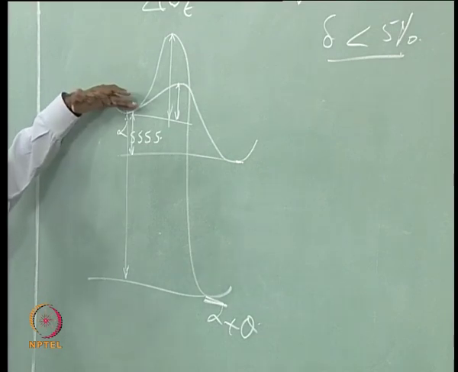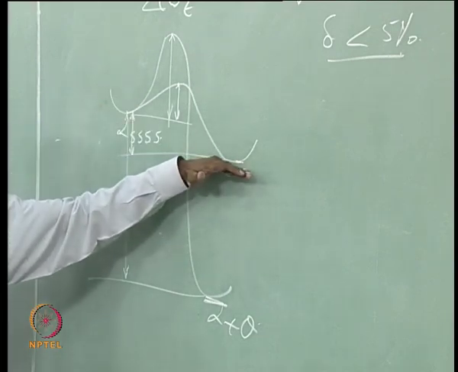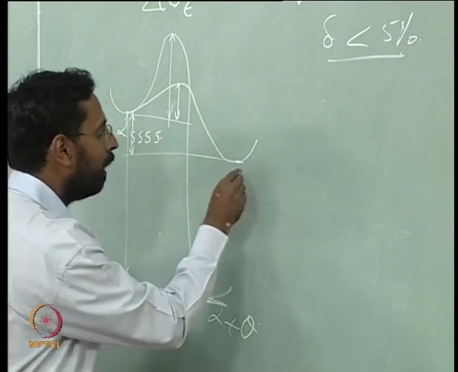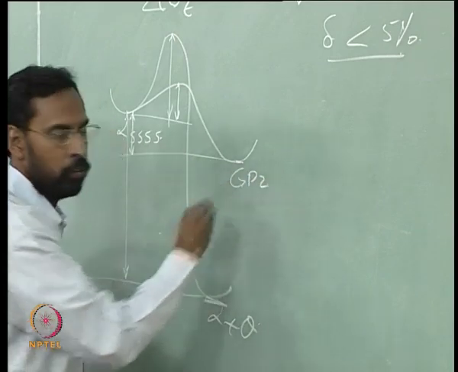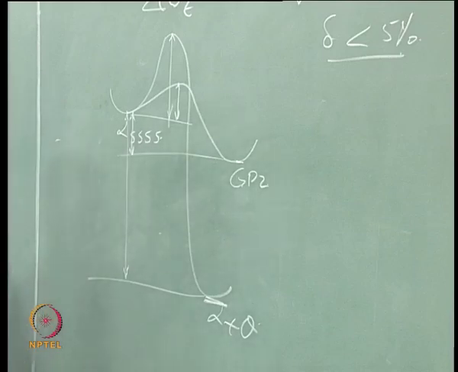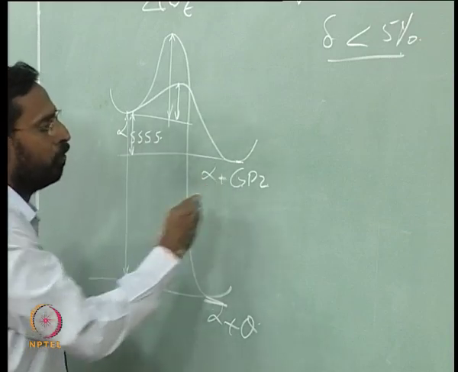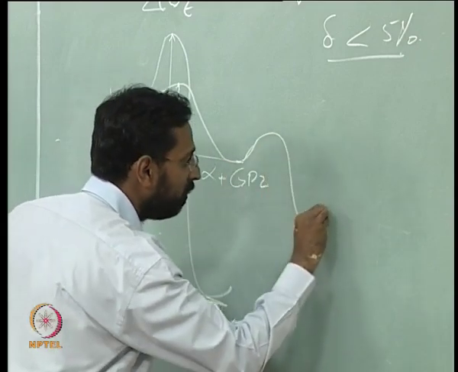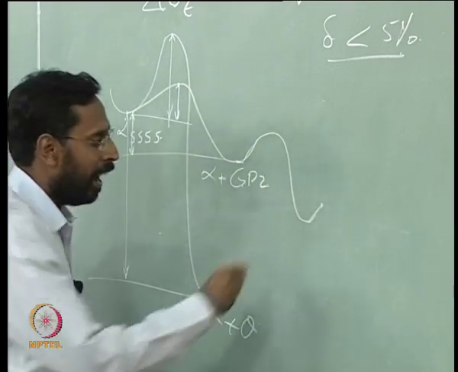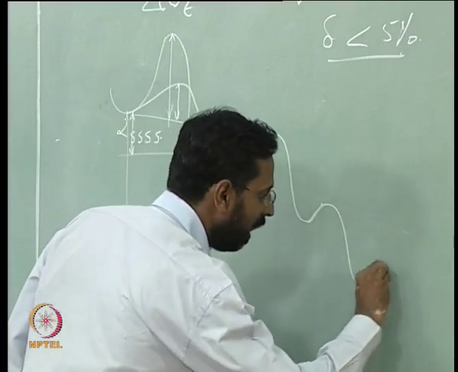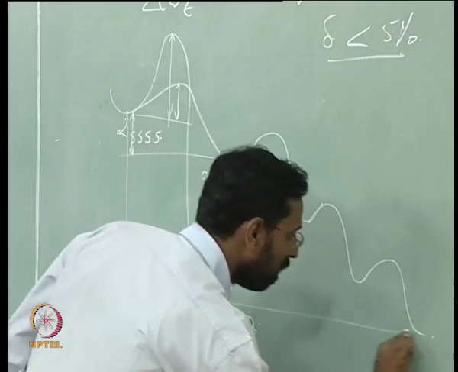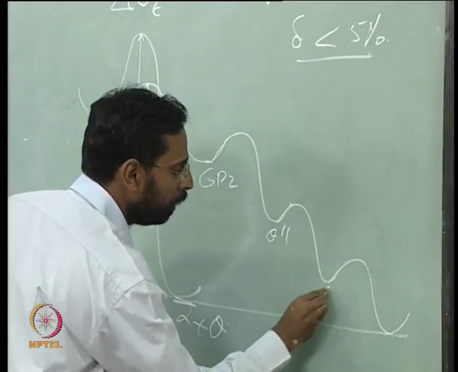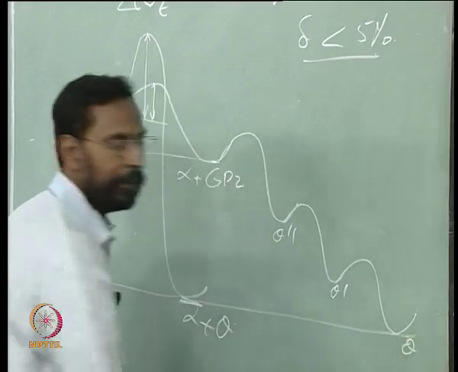So from a supersaturated solid solution, another phase which has a lower energy comes out, and that in our case is what we call GP zones, alpha plus GP zones, and that goes through the next stage and then the next stage, and then finally you reach this level. So it goes to theta double prime, to theta prime, and finally to theta.